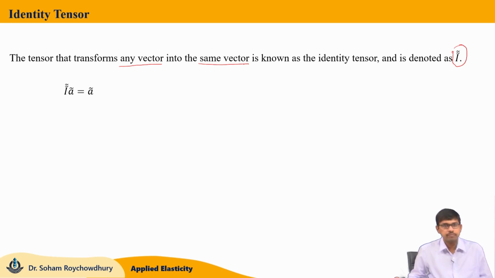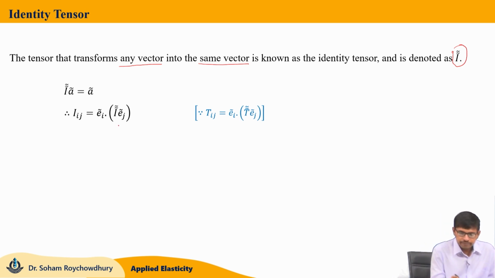is equal to A. Now, by the definition of tensor components, T_ij is e_i dot T acting over e_j. So, similarly, we can write I_ij, the ith jth component of the identity tensor I, as e_i unit vector dot capital I identity tensor acting over e_j.